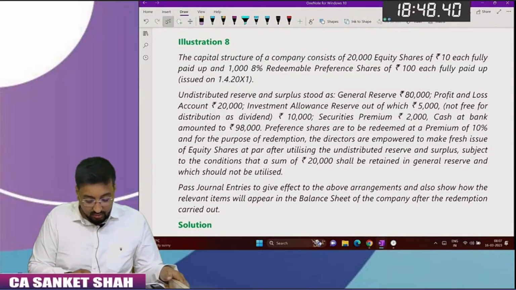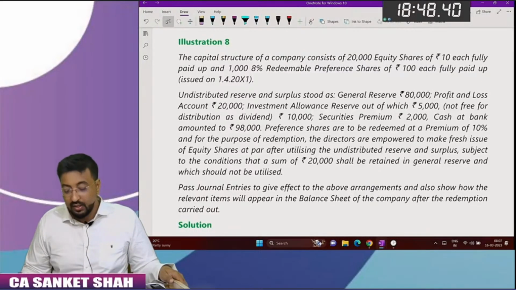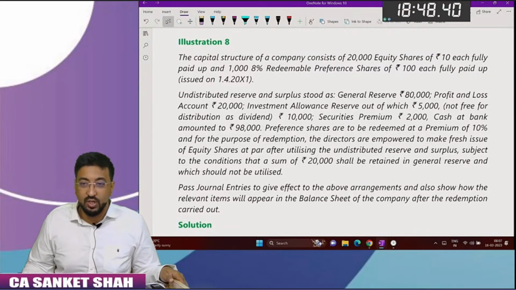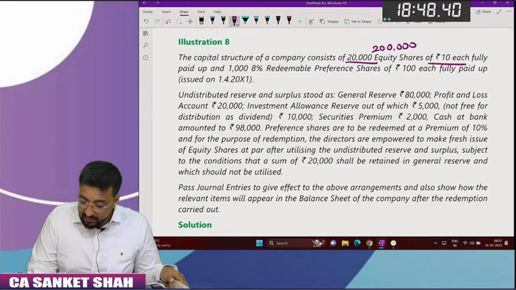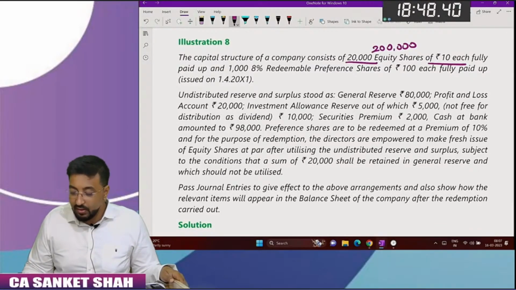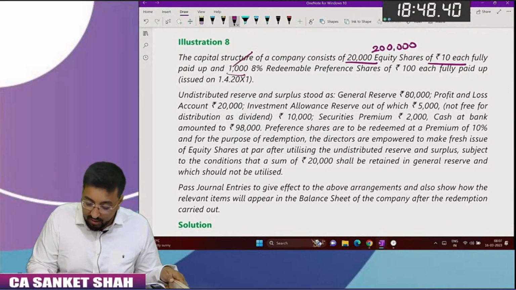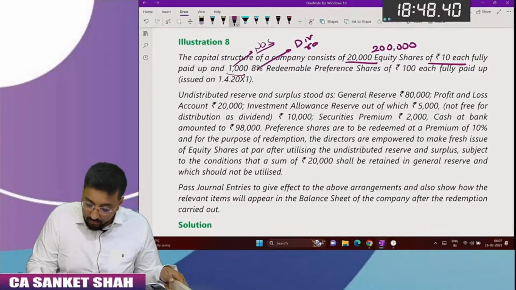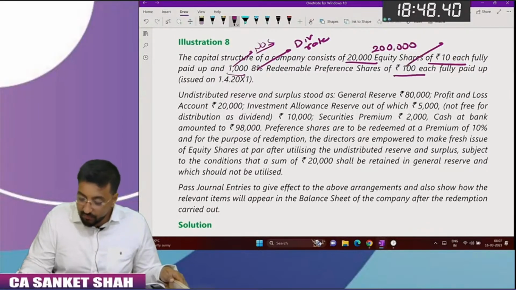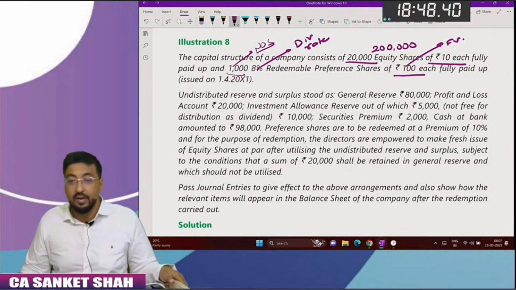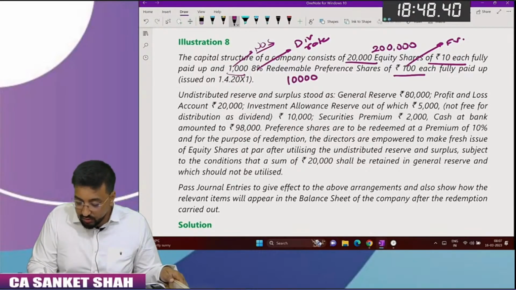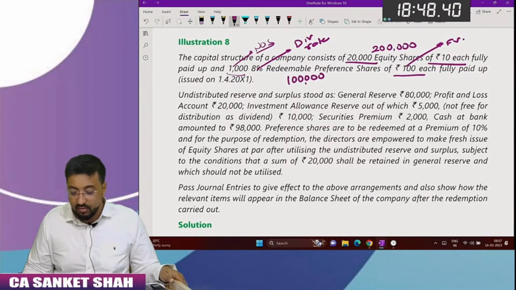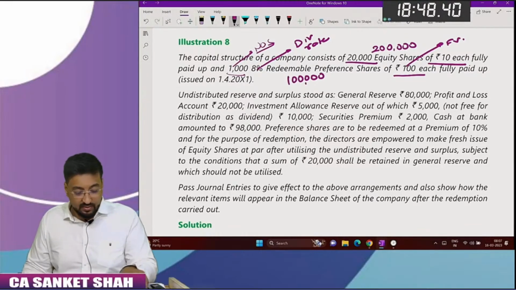Last question before the break. The capital structure of the company: 20,000 equity shares of rupees 10 each. So see, beta, this is 2 lakhs. The paid up capital is 1,000, that is the number, 8% dividend rate, 100 rupees face value. So what is the capital structure? 1,000 means 1 lakh. Undistributed reserves and surplus.